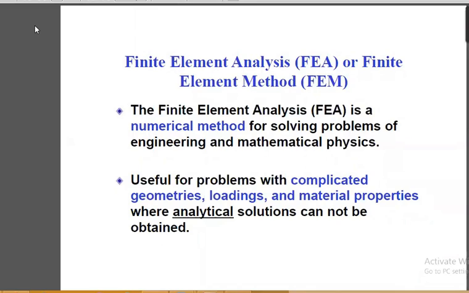But now, if I change this cross section to a tapered geometry. In the previous case, this cross section is uniform, so you can use your basic principles of strength of material to find the stresses.